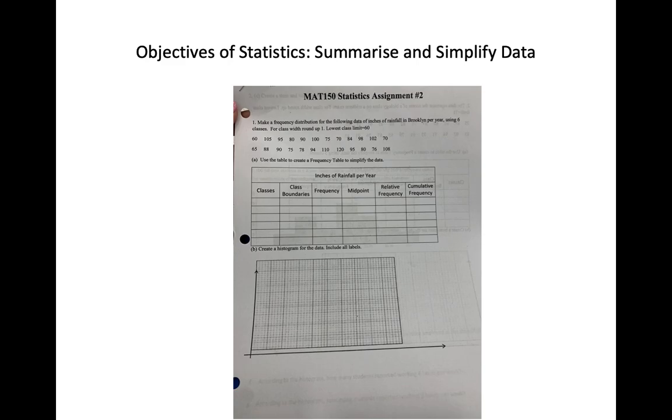your work? So one of the objectives of statistics is that it helps you to summarize and simplify your data. For example, in the figures over here, you can see that you have a few numbers, from 60 to 120. If I just give you these numbers, you cannot make sense of it.